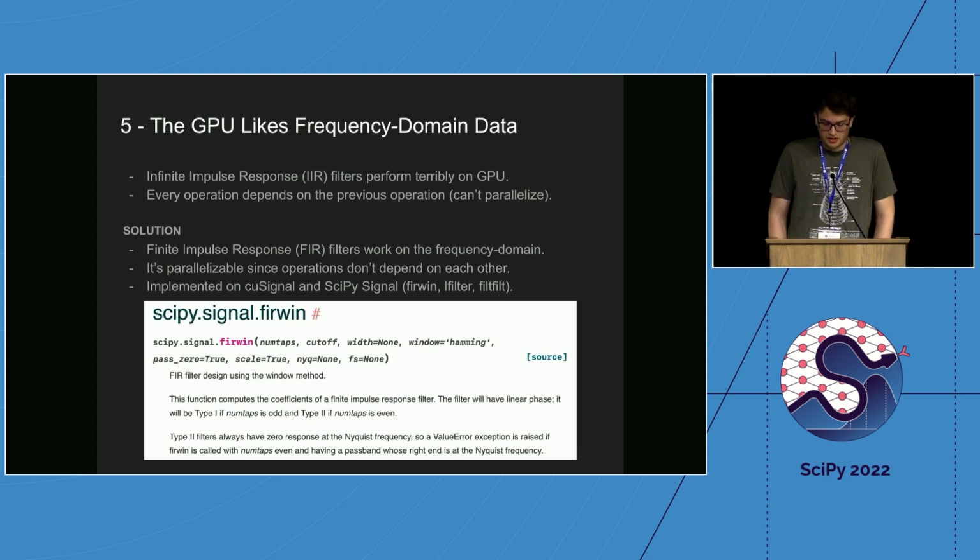The solution here is to use a finite impulse response, FIR, filter to work in the frequency domain. That way it is way easier to parallelize your operations since they don't depend on each other to execute. And GPUs like that. And that's implemented in cuSignal and SciPy Signal using the frequency-domain filter.